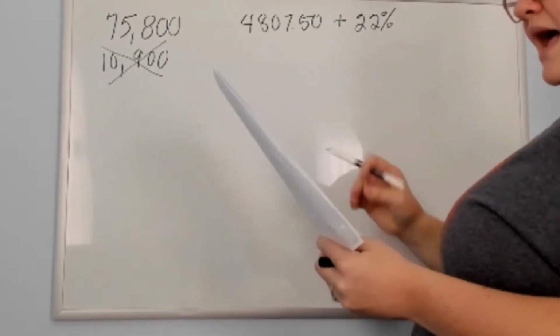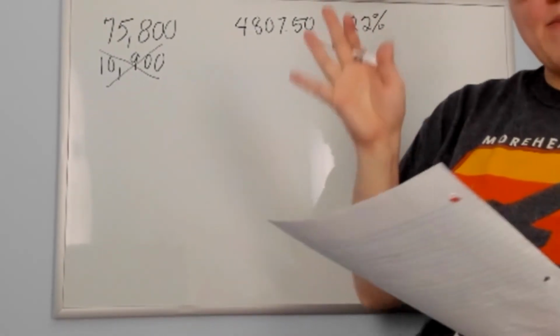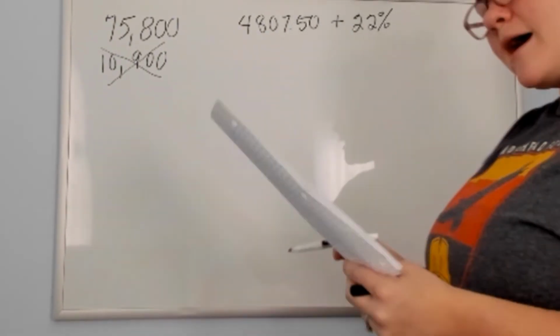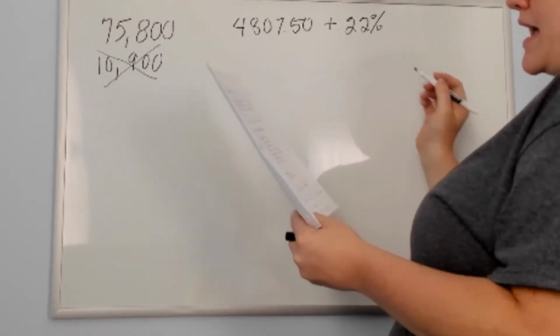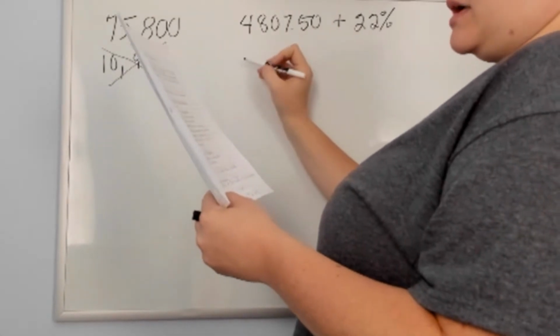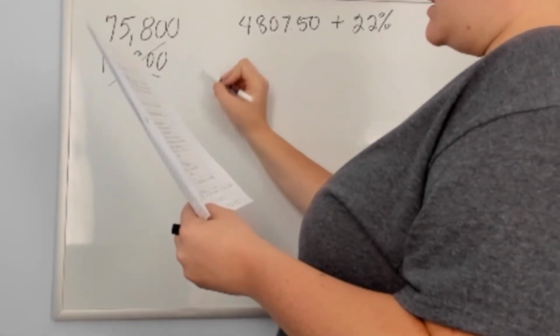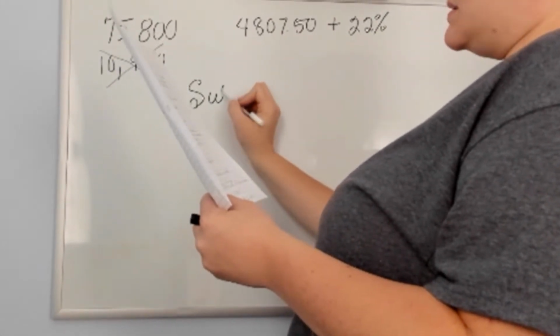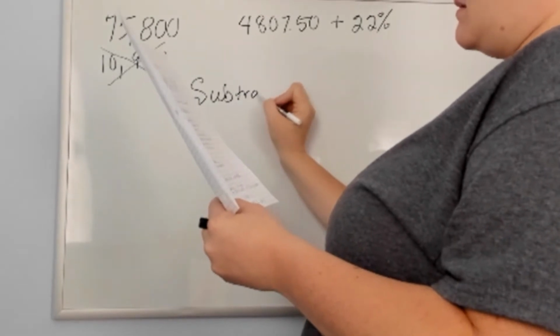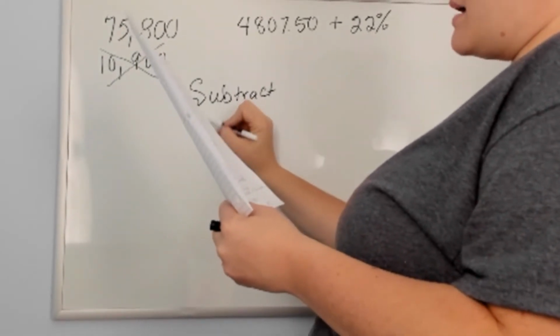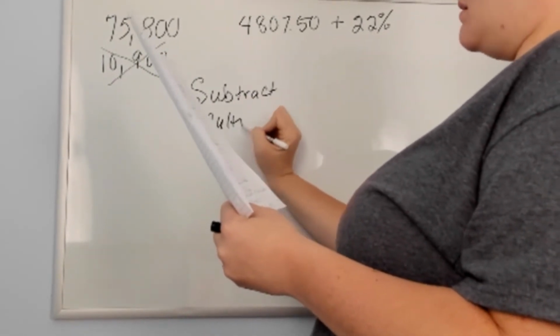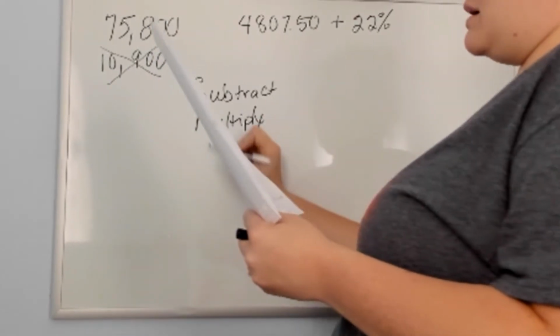The way that I have come up with my method to figure these problems out, to get my actual tax, is I call it subtract, multiply, and add.